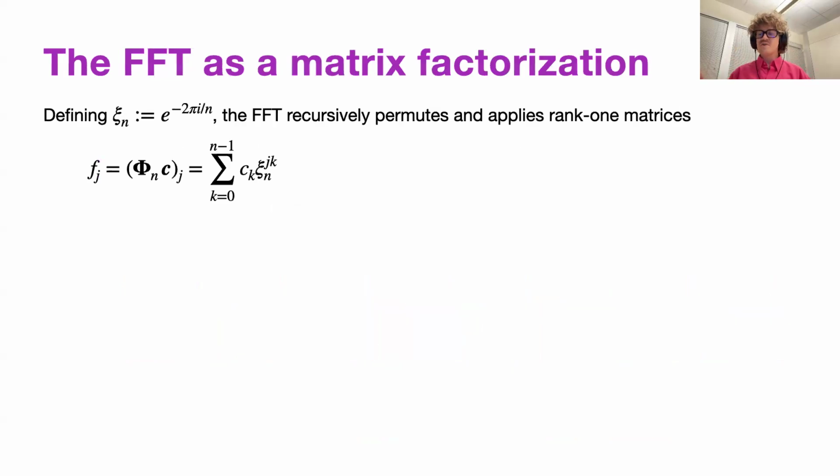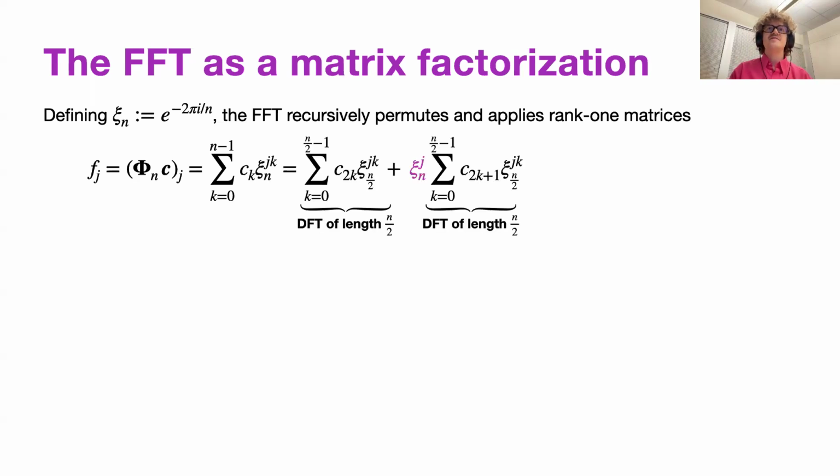So what is the FFT doing? If we define our nth roots of unity, then the DFT is given precisely by this sum, right? I want to apply the DFT matrix of size n, which I'll call phi n, to some coefficient vector c. Then the jth entry of that is simply equal to this sum, right? And what the FFT is doing is dividing this into two separate summations, each of length n over 2, according to whether the coefficient is even or odd, right?